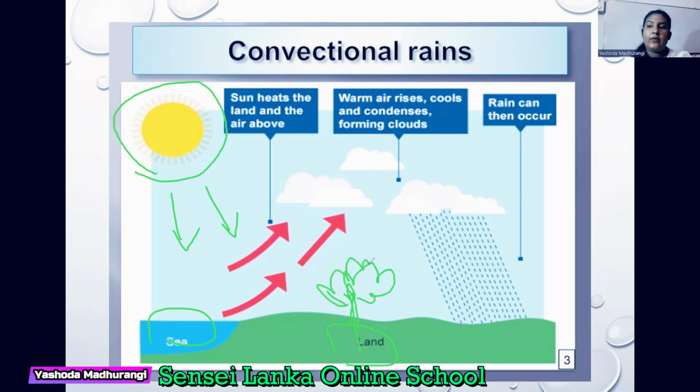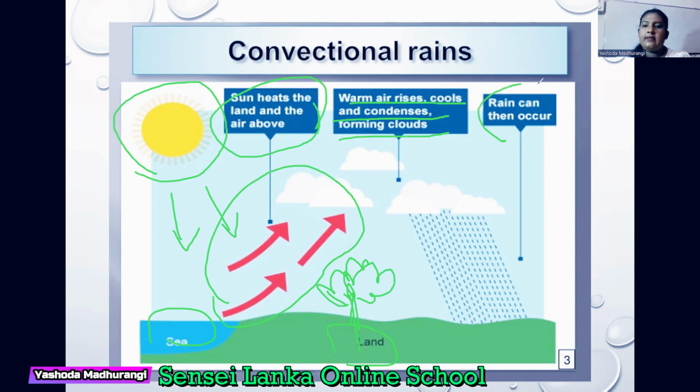Then it starts evaporation. Sun heats the land and the air above. Then what happens? Warm air. Look at this red color arrow. Warm air rises, then cools and condenses, forming clouds. Rain can then occur.